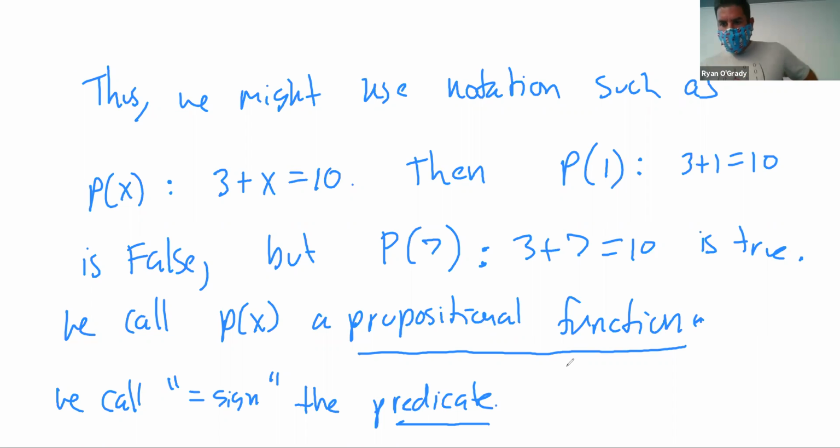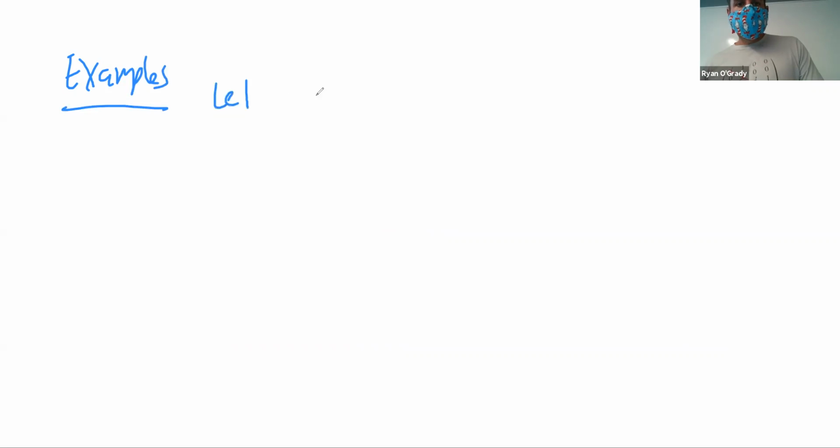Let's do some examples. Let's use Q of X, comma, Y, comma, Z. Now we'll have three things that might depend on it.